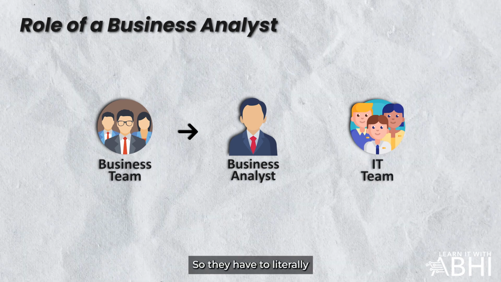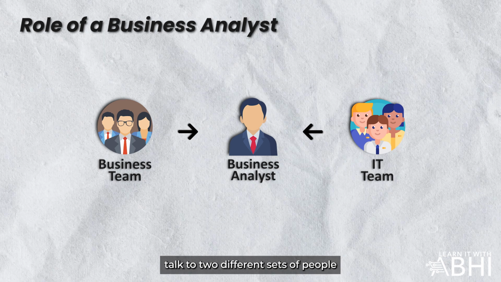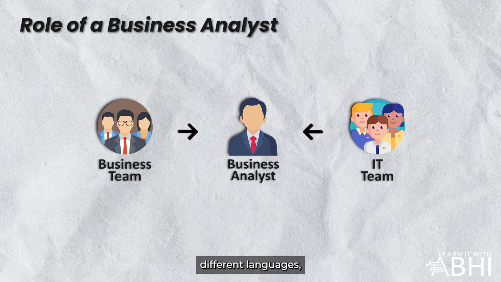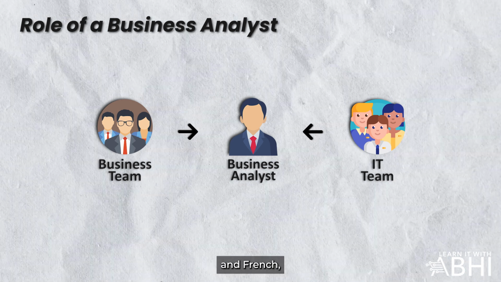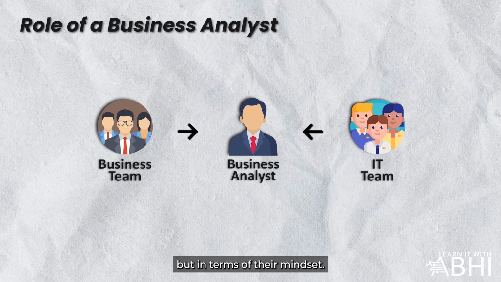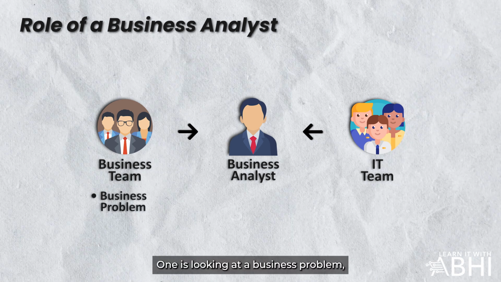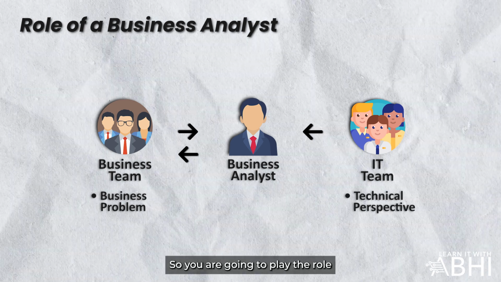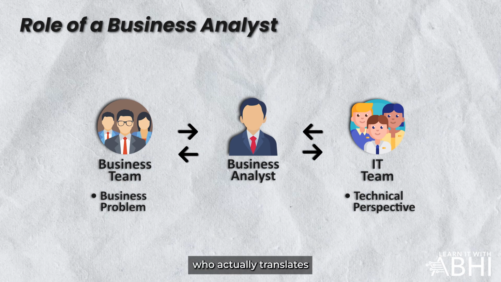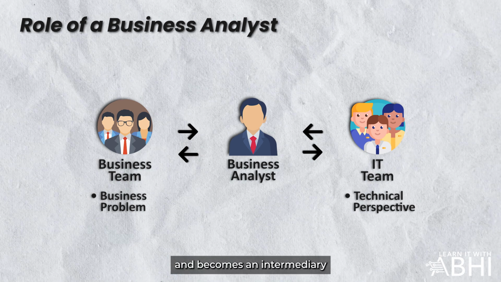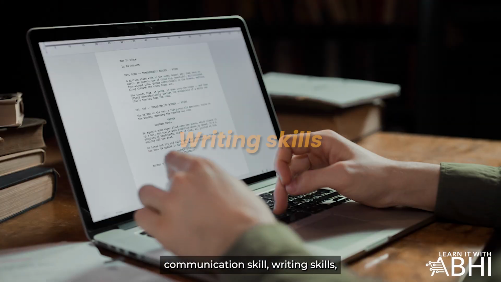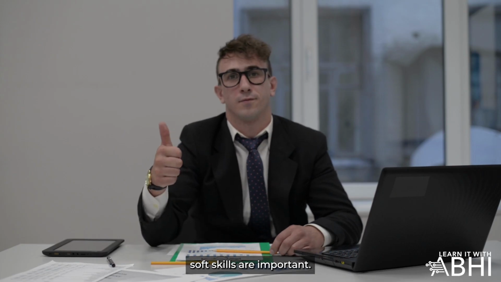They literally speak different languages, not English and French, but in terms of mindset. One looks at a business problem, the other looks at the same thing from a technology perspective. You play the role of translator and intermediary between these 2 sets of people. So your presentation, communication and writing skills all become important.